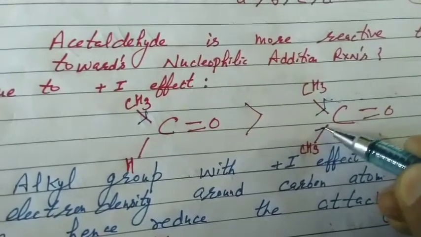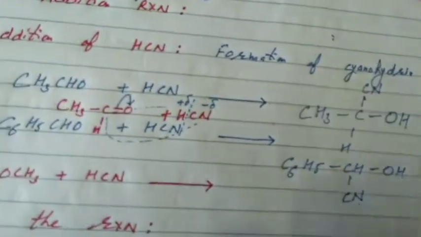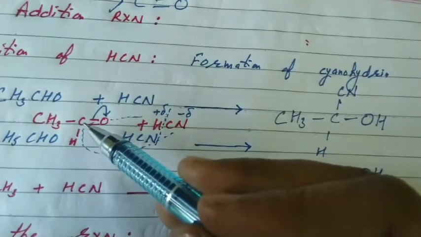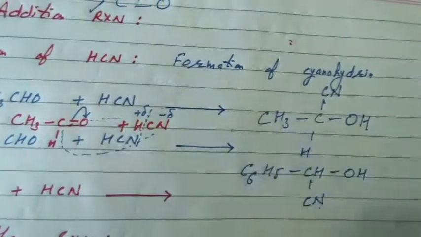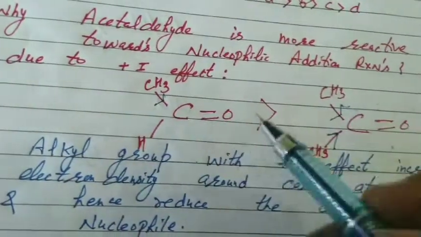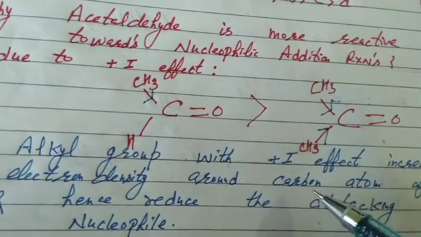Friends, what will happen? We study nucleophilic addition reactions. In nucleophilic addition reactions, the nucleophile attacks the carbon atom of the carbonyl group. Now, alkyl group with plus effect increases electron density around the carbon atom of the carbonyl group.